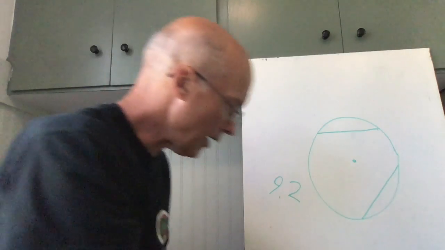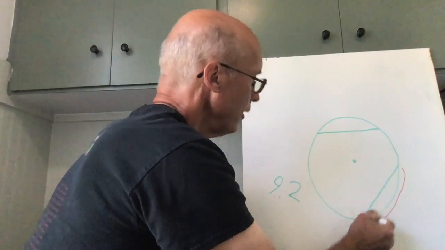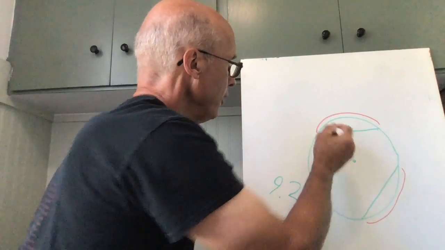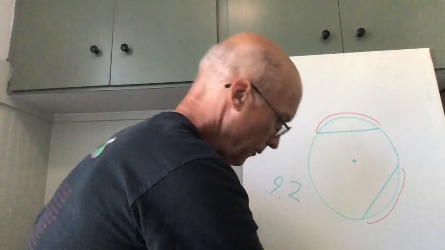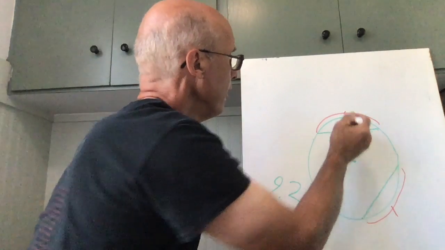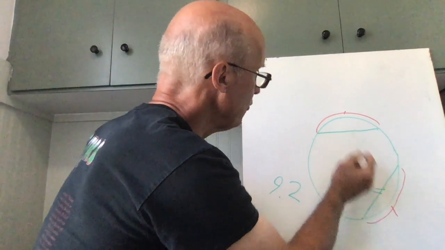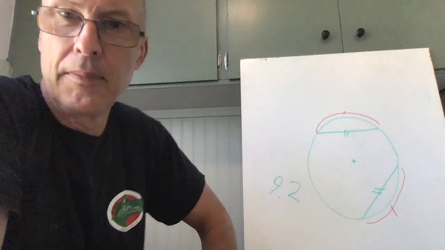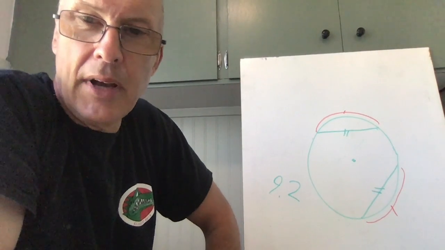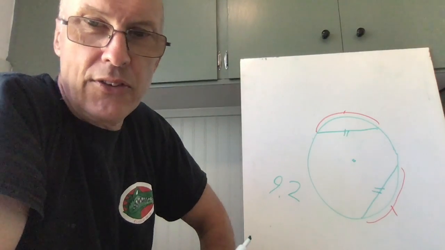So what it's saying is this arc is congruent to this arc only if these two chords are congruent. Okay, that's theorem 9.2. And you could do kind of a quick little proof of this.